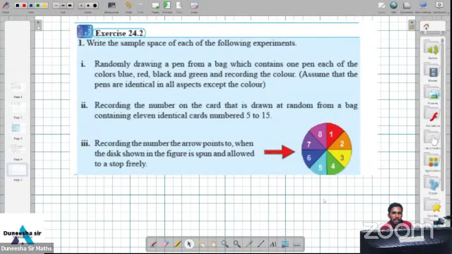Okay. Write the sample space of each following experiment. Randomly drawing a pen from a bag which contain one pen, each of the color blue, red, black, and green. Recording the color. Assume that pens are identical all expect the color. Okay. What are the outcomes that can be get in the first one? Roman number one. What are the all the outcomes?